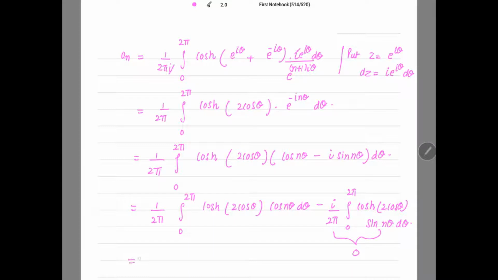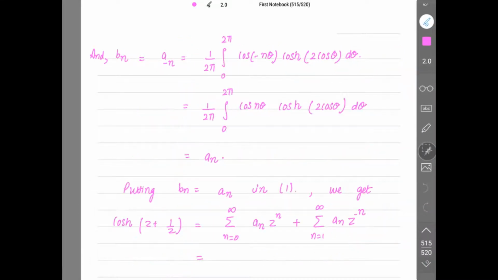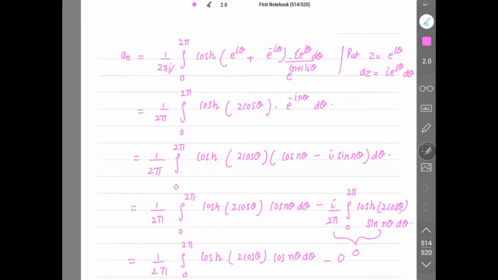I will explain. So this is 1 over 2 pi integration 0 to 2 pi cos hyperbolic (2 cos theta) cos of n theta d theta. This is 0. See, if you check your f of 2 pi minus a, I will explain how this is 0.